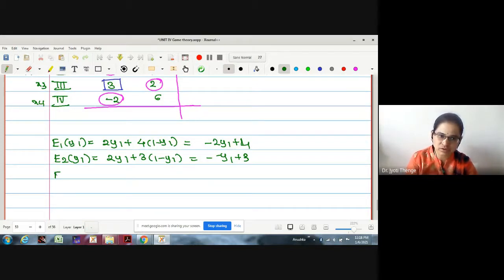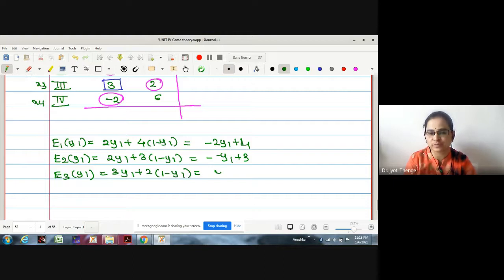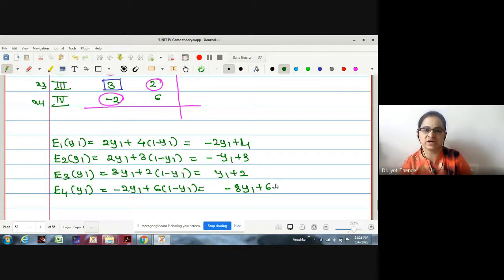Next, third equation: 3y1 plus 2 into 1 minus y1. 3 minus 2 is plus y1 plus 2. Fourth expectation of y1 is minus 2y1 plus 6 into 1 minus y1. Minus 2 minus 6 gives me minus 8y1 plus 6. Is that okay?